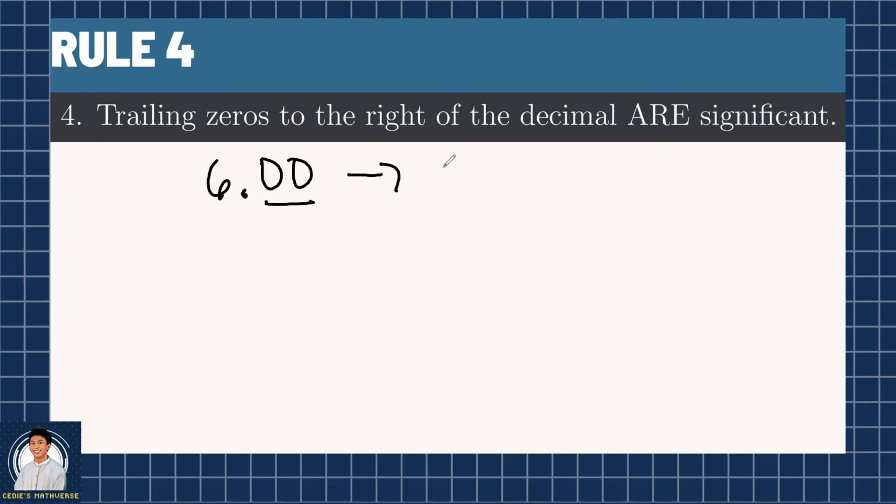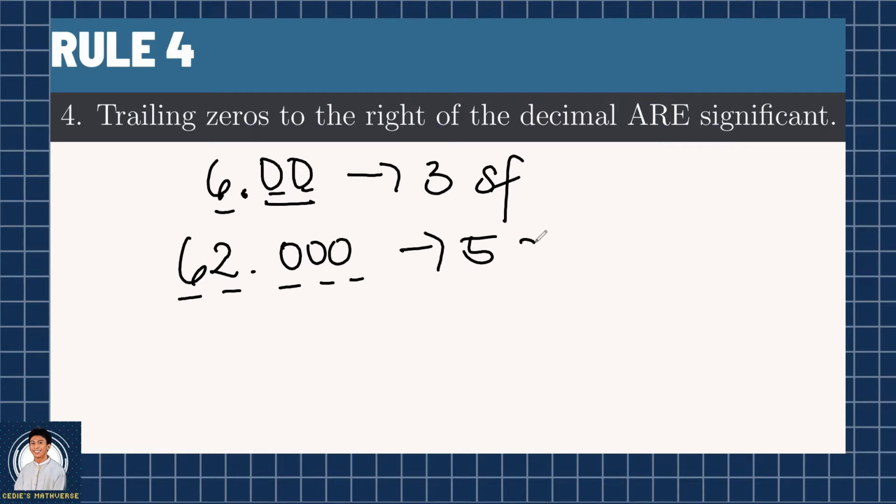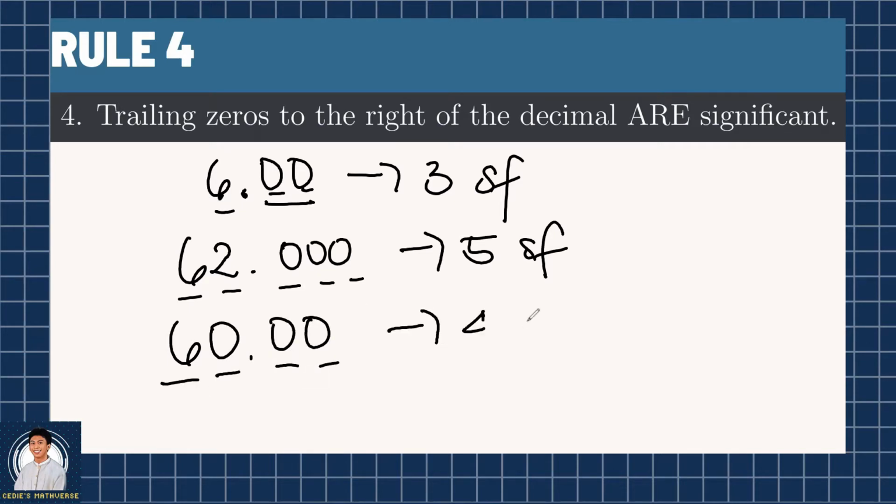So we have 1, 2, 3 significant figures. 62.000 has 1, 2, 3, 4, 5 significant figures. Then 60.00 has 1, 2, 3, 4 significant figures. Since these are significant, this will also be significant.